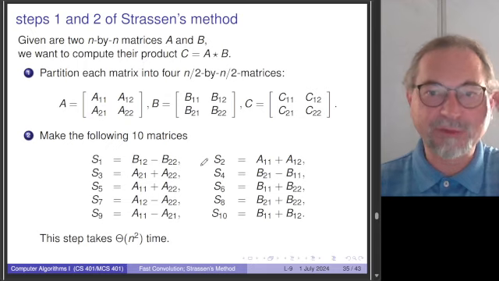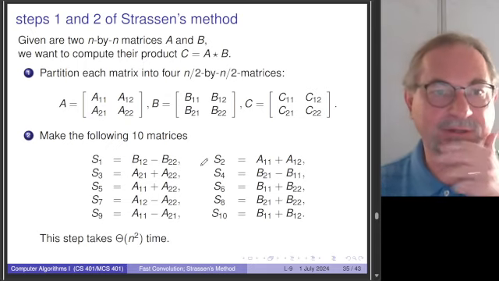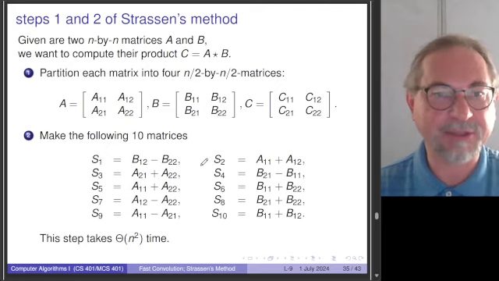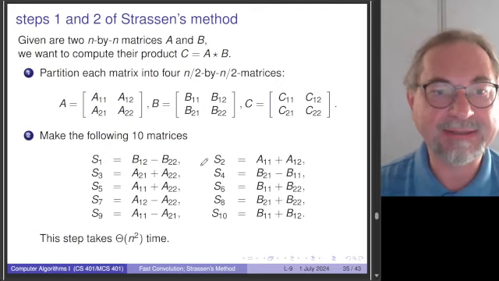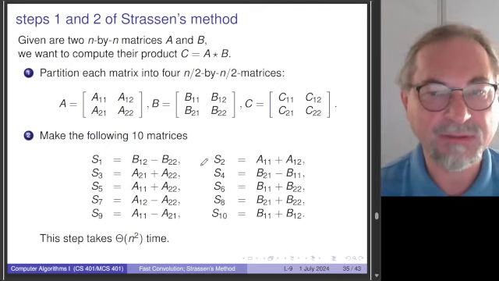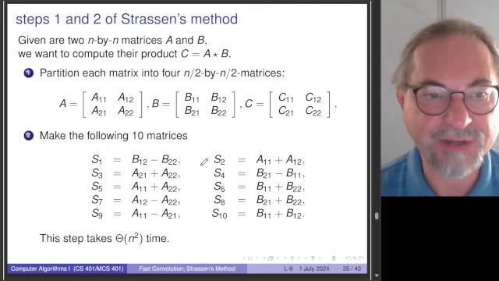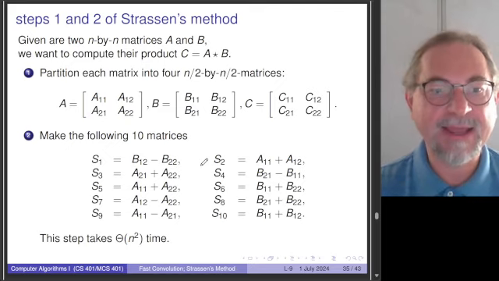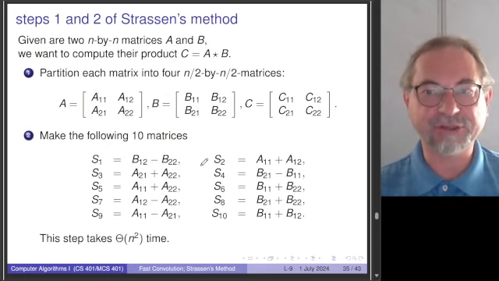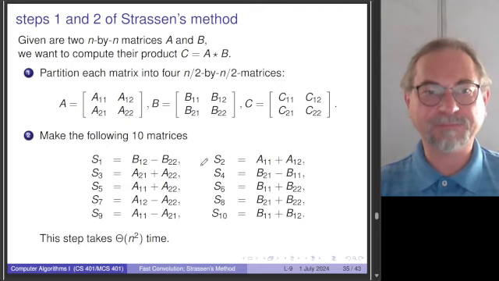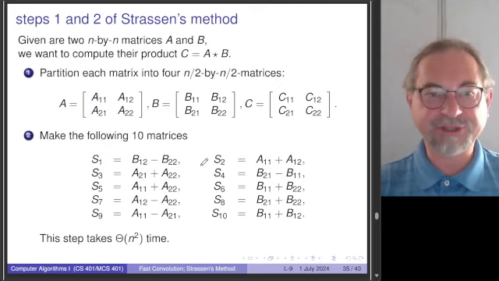Okay, let's first define Strassen's method. So we have the partitioning as before. And now we make 10 submatrices, S1 to S10, and they involve either a subtraction or an addition of matrices.